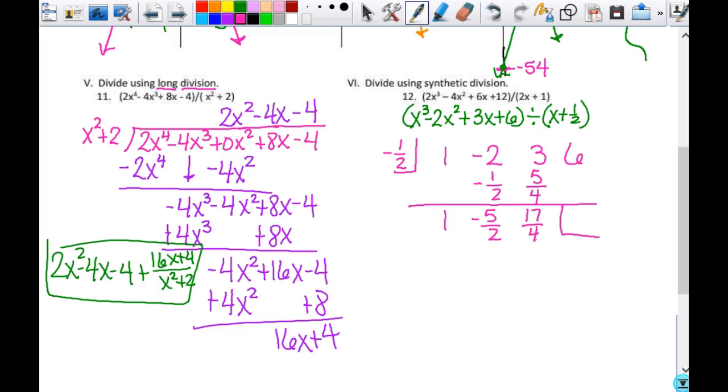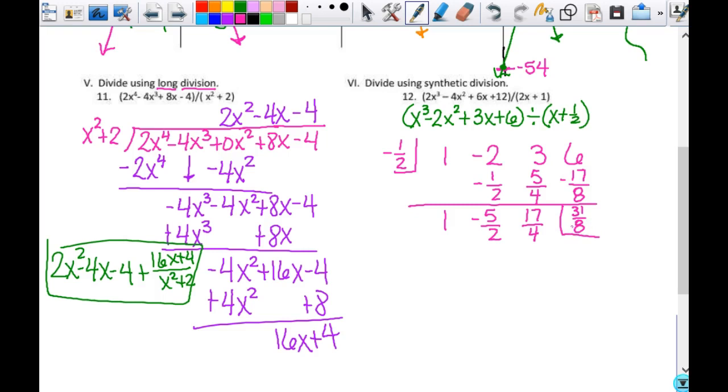And then when I multiply 17/4 times a negative 1/2, it's going to give me a negative 17/8. Right? Then 6 minus 17/8 is like 48/8 minus 17/8. So that'll give me 31/8 as my remainder.